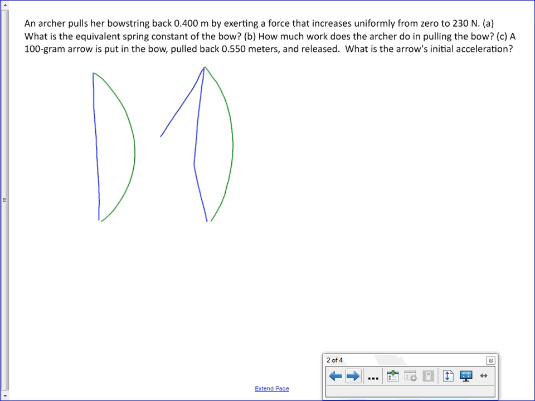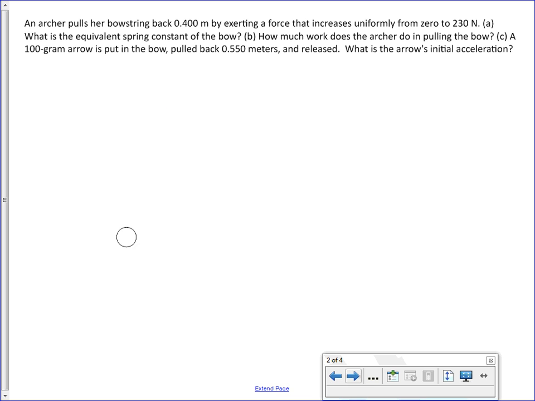And it takes more force to get it like that, because really what's happening is you're deflecting the bow more and more, and eventually the bow looks like that because the string is way back like this. So it takes more force to pull it back farther and farther. But to get it that far back takes that much force.